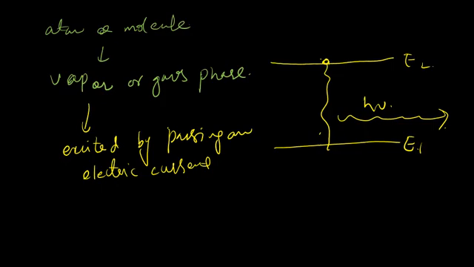When we observe this spectrum, it is called the emission line spectrum, in which the electron jumps from a higher energy state to a lower energy state by emitting a photon of energy hν.